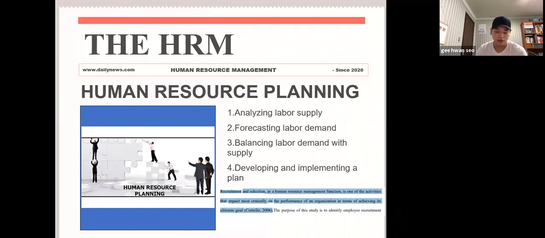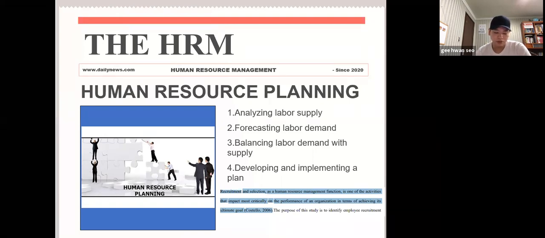Forecasting labor demand is outlining the future of a company's workforce. In this part, the HR department can consider issues like promotions, layoffs, transfers, and retirement. The human resource department can also look at other factors that can affect labor demand, such as development of new technology that could increase or decrease the demand of workers.